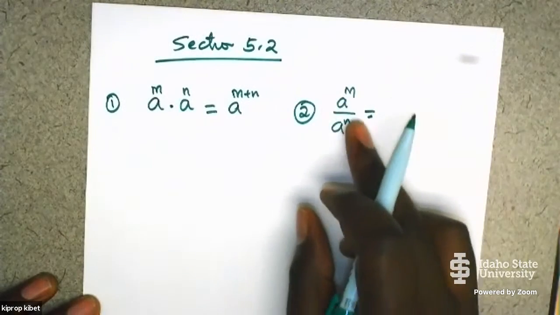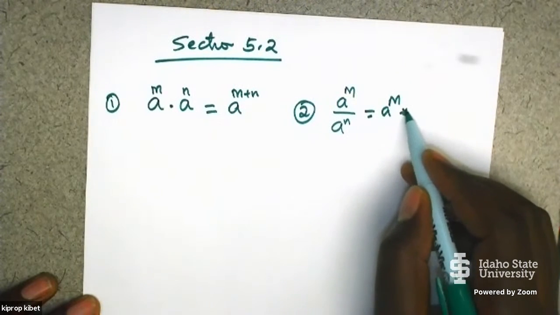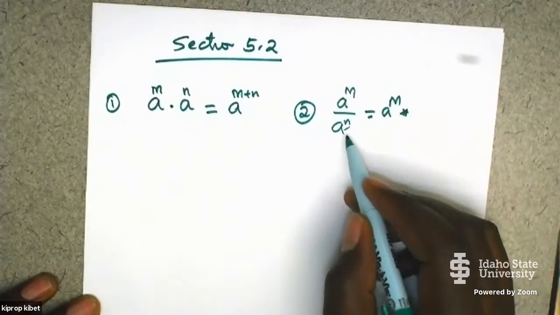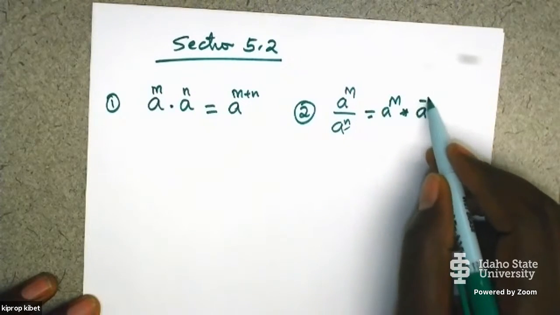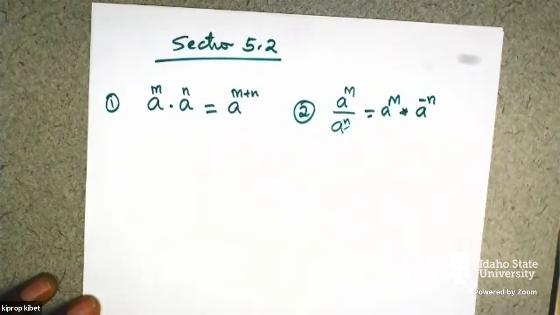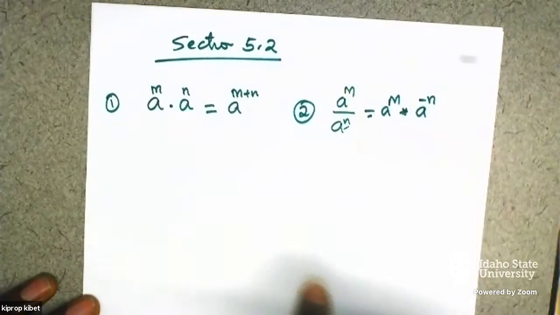So A to the M multiplied by A to the minus N. When you bring this up, it changes the sign.